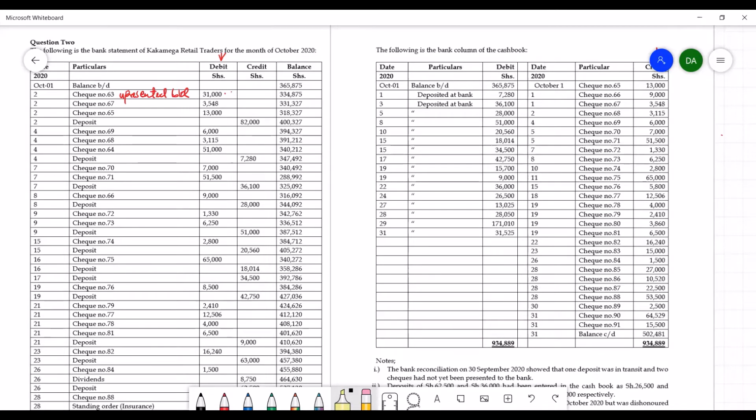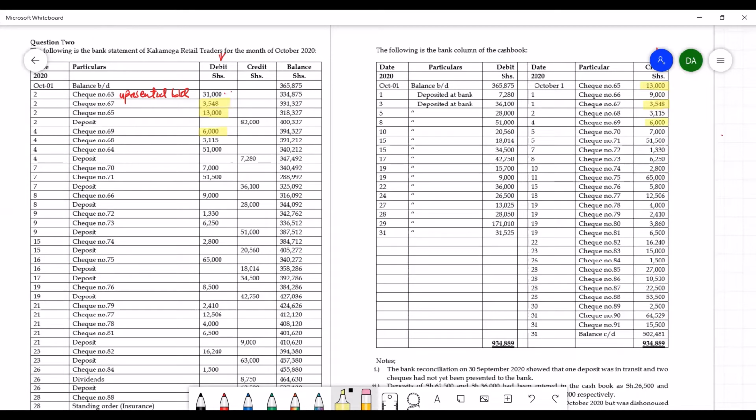As you can see there, check number 67 is in both the bank statement and also in the cash book. The next one is check number 65, which is also here and also in the cash book. Check number 69 is also available here and also available in the cash book.